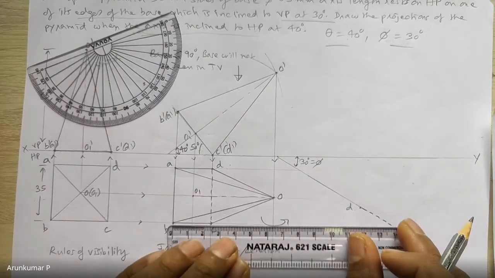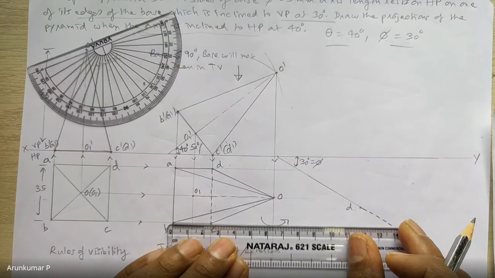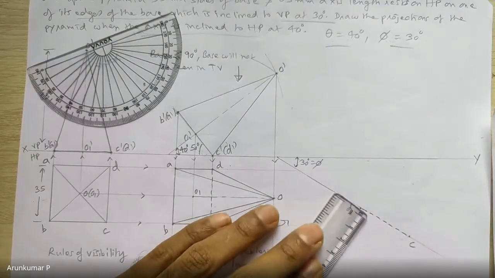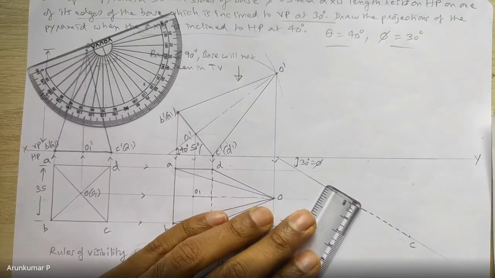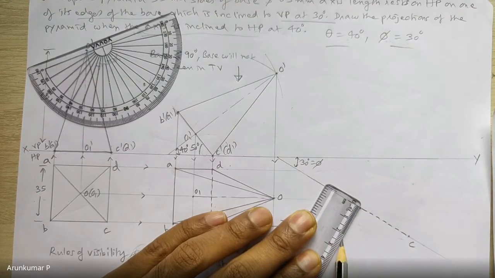Now what you can do is measure these lengths. You can use your rounder or a scale. So 24 mm perpendicular to C and D. You have to draw two lines which are 24 mm in length.